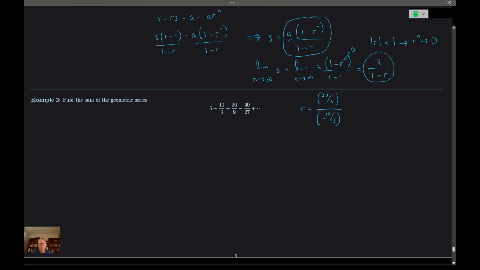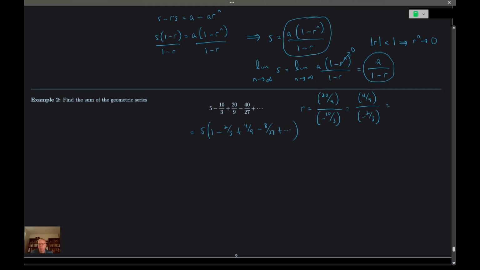Maybe even easier than that, we could factor out a 5. Let's do that first. So 5 times (1 minus 2/3 plus 4/9 minus 8/27 plus dot dot dot). And so now we could divide 4/9 divided by negative 2/3. You get the same thing, but it makes things easier if we factor out the 5.